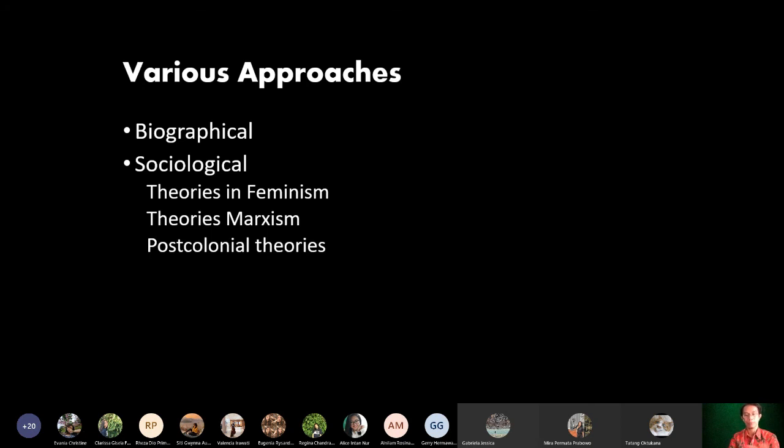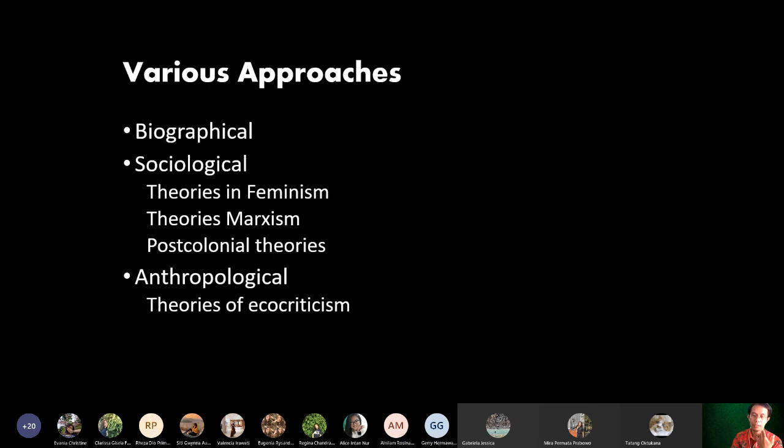That's why I don't have to mention much here, because you have done this with Adorno, right? So you can use those approaches. An anthropological approach can include eco-critical theories about how humans see nature, how humans treat nature, and how it is important for us to raise awareness of nature.